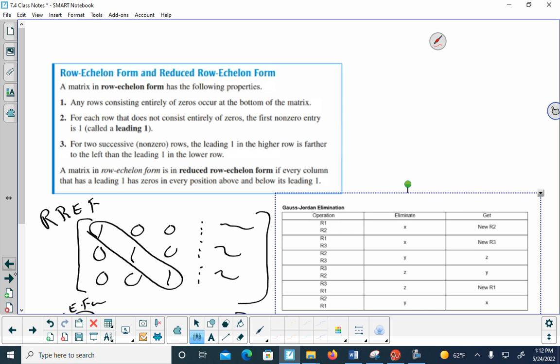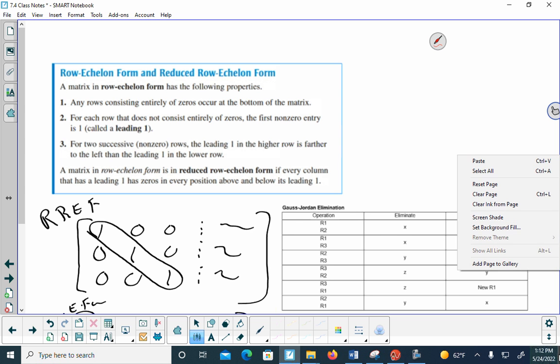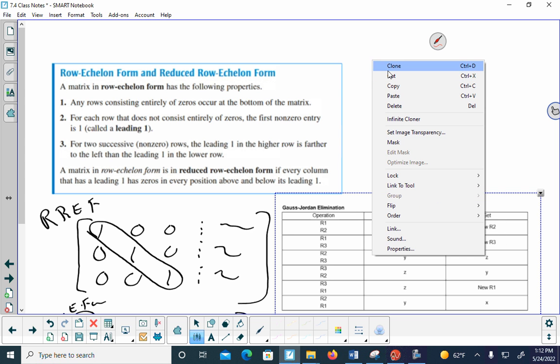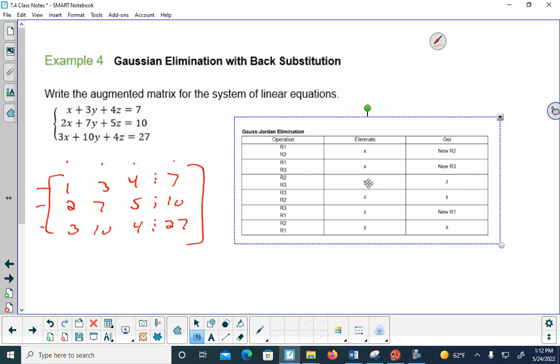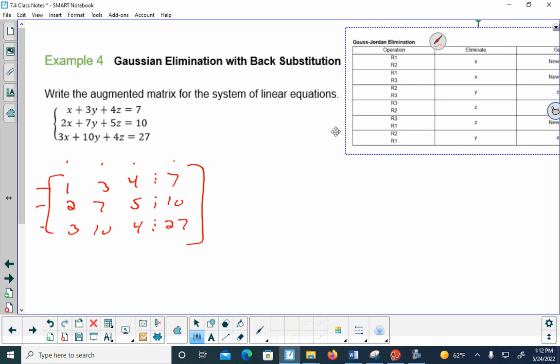Now, if I go back and follow this pattern that we did before, I'm going to do row 1 and row 2 to eliminate the X, in other words, to eliminate that 2. So in order to do that, I'm going to decide row 1 is going to stay the same, and row 1 I'm going to multiply by -2.